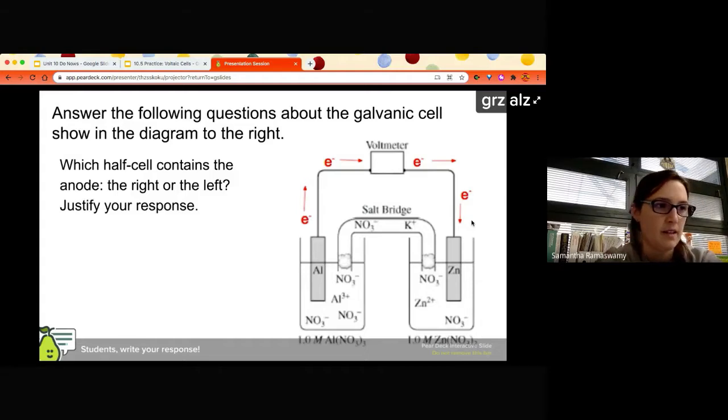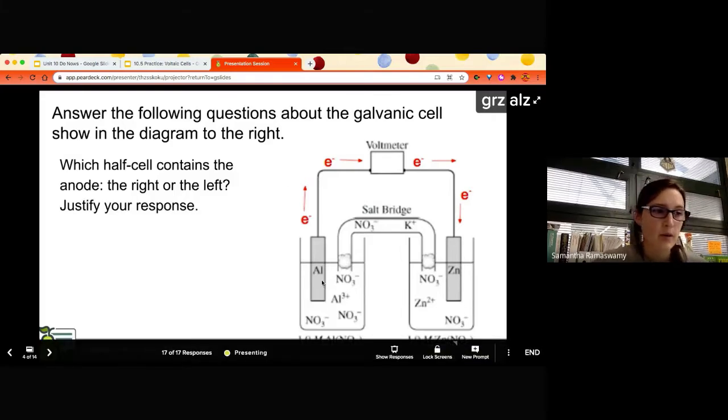Yeah, good. So I see a lot of people saying the left. And then I see people saying from the anode to the cathode. All right, so remember, electrons always flow from the anode to the cathode. No matter what, they flow from A to C. So that can be a reason.